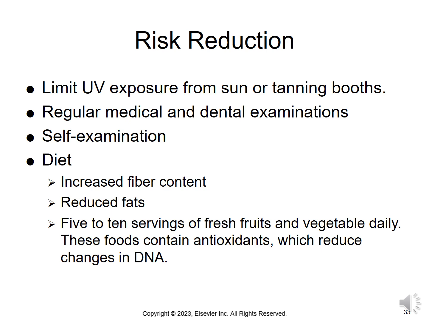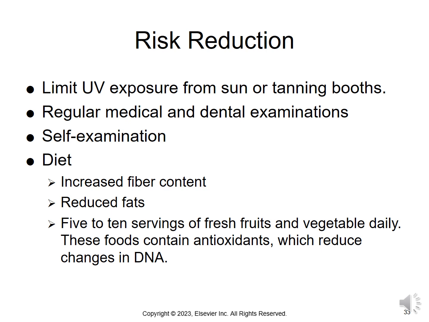So, how can we reduce our risk factors? Limit our exposure to any sort of UV rays, those either from the sun or tanning booths. Get regular medical and dental exams. Do self exams of the breast and the testicles. In the diet, increase fiber, reduce fats, eat at least 5 to 10 servings of fresh fruits and vegetables daily.